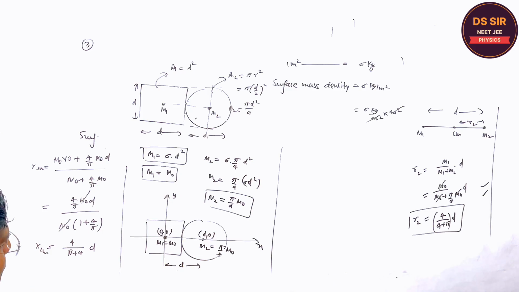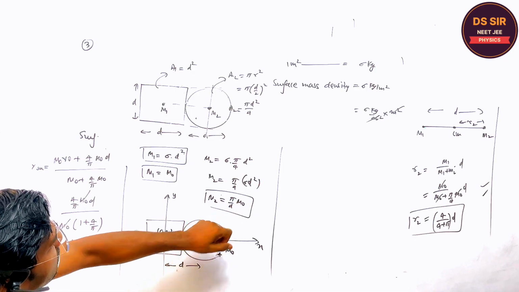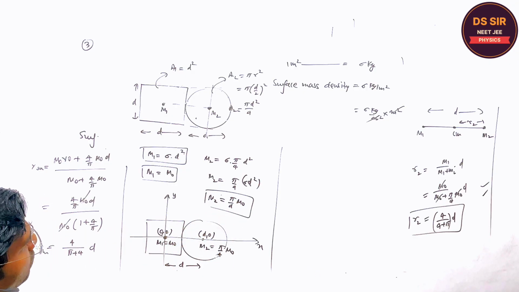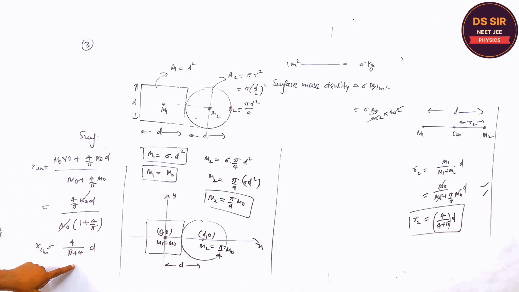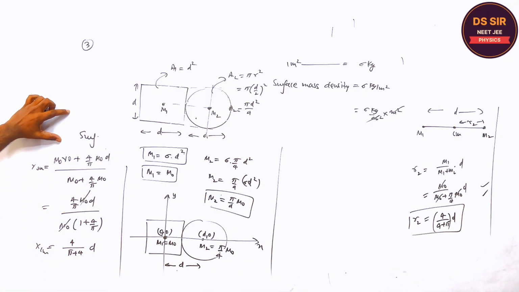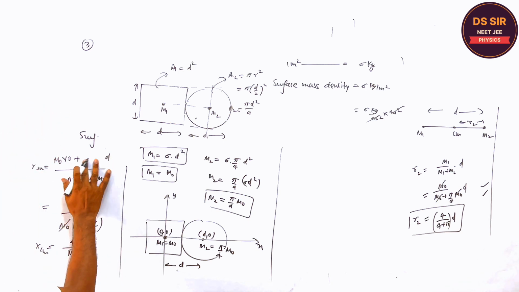Wait for 1 minute. m2 is pi by 4 m0. Any mistake in this explanation? Yes, the same thing is there.